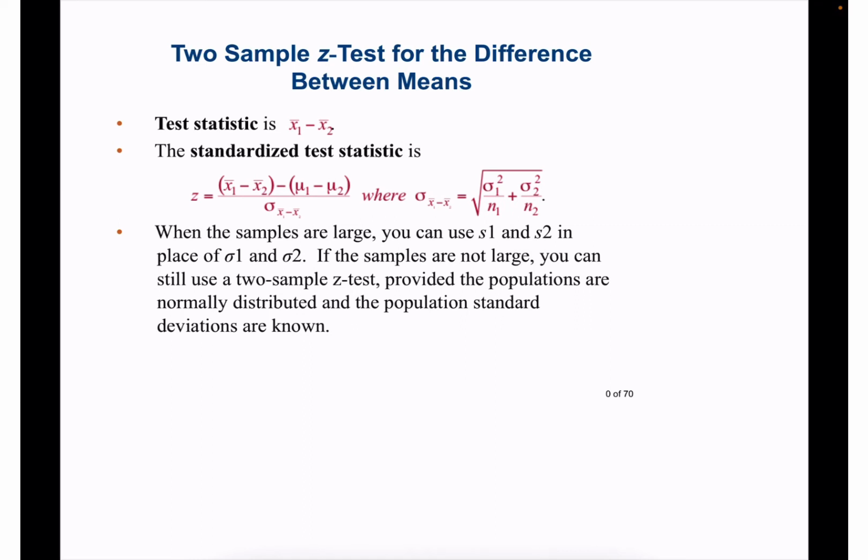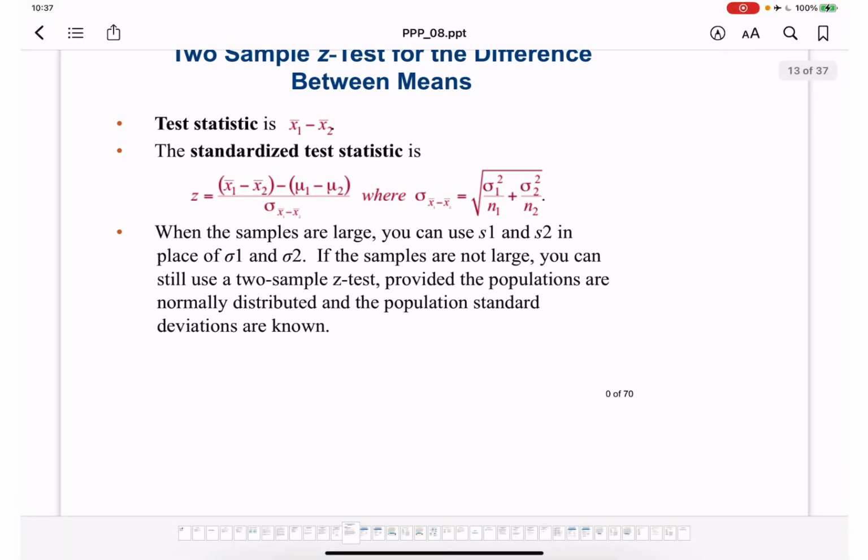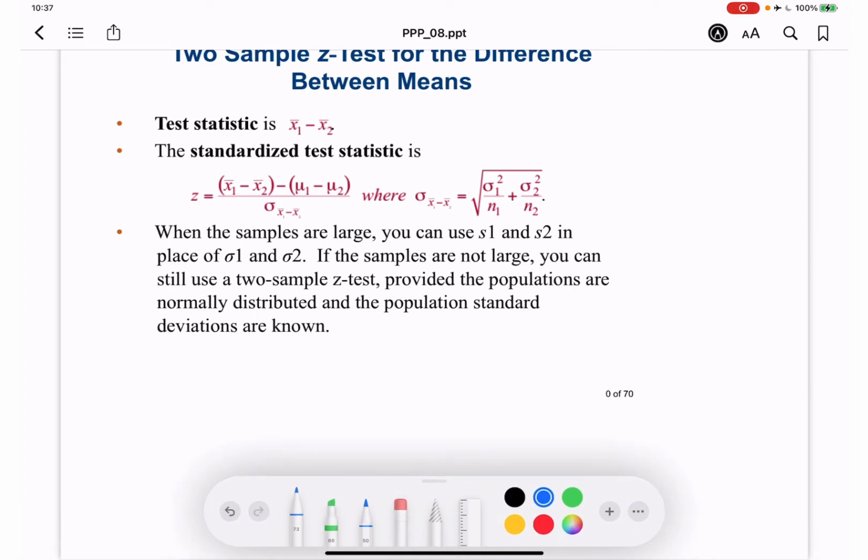So, two sample z-test for the difference between means. Test statistics. Before, we would do test statistics for only one sample. Now we are going to do it for two samples, which is going to be x1 minus x2, and the standardized test statistic, the standardized z-score, just exactly like in a one sample hypothesis test, with a difference.